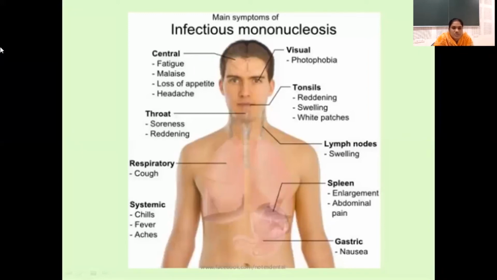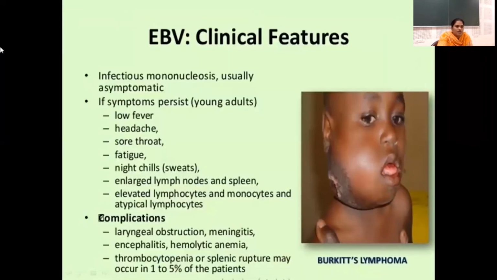Lymphadenopathy can be present, spleen enlargement, abdominal pain, and nausea are the other features. Usually it is asymptomatic. If the symptoms persist in young adults: low fever, sore throat, fatigue, and night chills, severely enlarged spleen and lymph nodes, elevated lymphocytes, monocytes, and atypical lymphocytes.